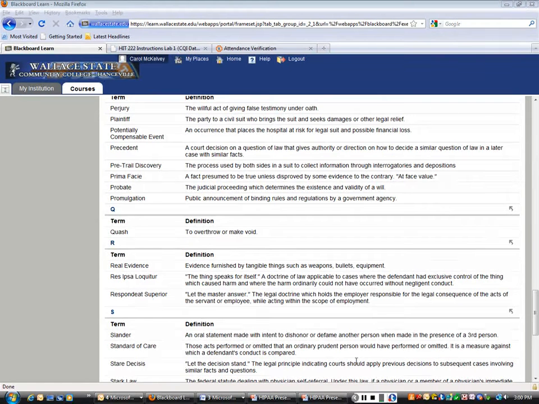Okay, we talked about corporate negligence a minute ago. Then we have respondeat superior, meaning let the master answer. It's the legal doctrine that holds an employer responsible for the actions of its employees. And we said that corporate negligence is when the corporation is responsible for the actions of its independent contractors, or those who do work but are not direct employees.